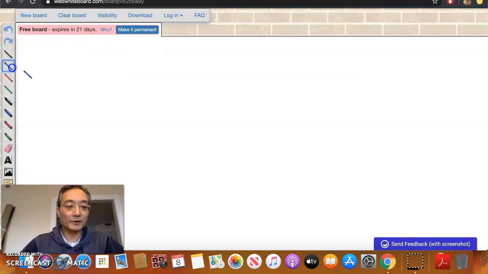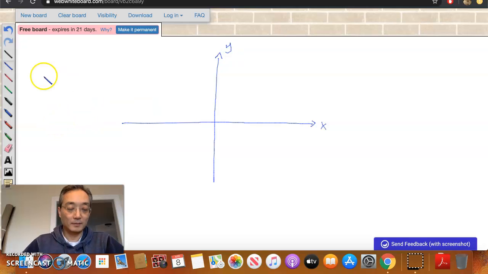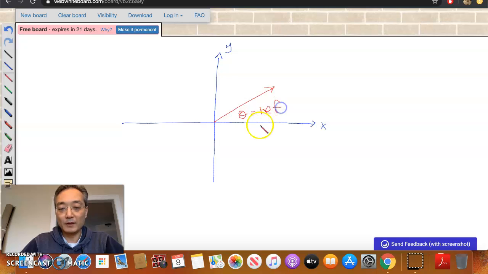So in review, if I have my x and here's my y, in the first quadrant there's no reference angle because theta is the reference angle, if you want to call it that. Why? Because it's an angle formed by the terminal side and the positive x-axis, which is acute.